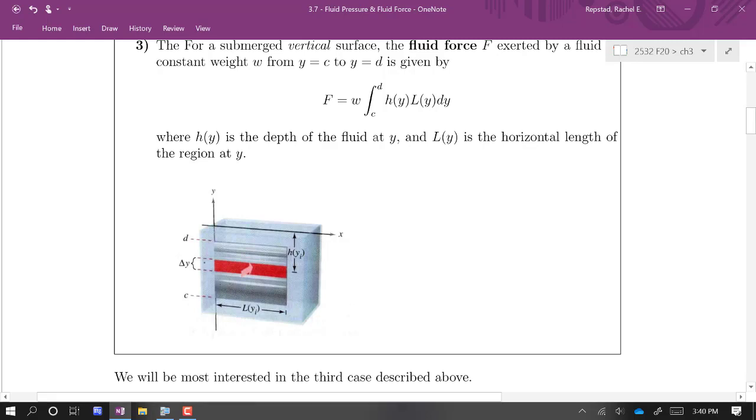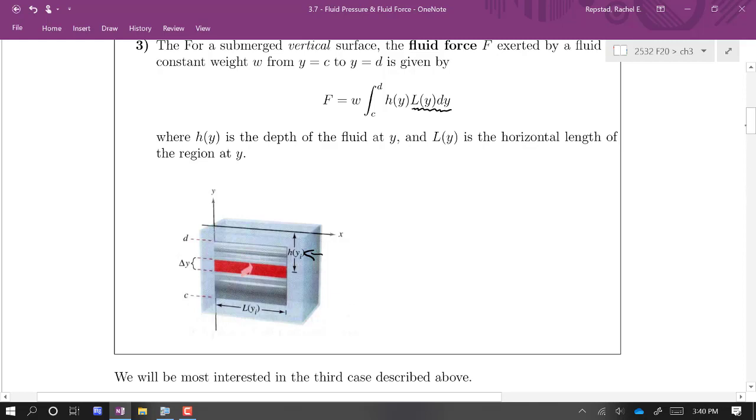And the area is the length times delta y. So there's your area. And then your h of y is just the depth. And that's sort of what's indicated here in the figure. And we're going to integrate that from C to D to get the total fluid force on the submerged vertical plate, submerged vertical surface.